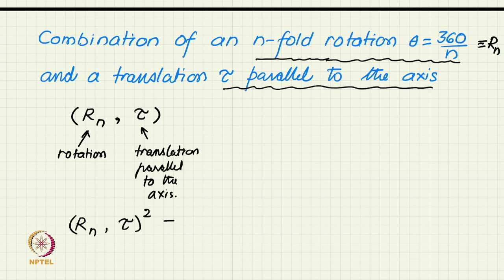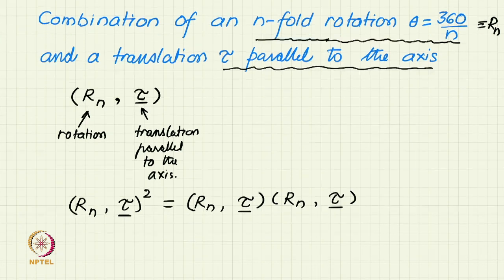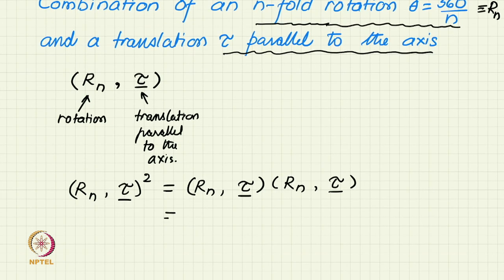That is a square of this operation. Let me give an under bar to show that it is a vector, and R n is a matrix. So, this is a matrix column representation, and I am applying 2 such operators. Recall how we multiply the sites operator.